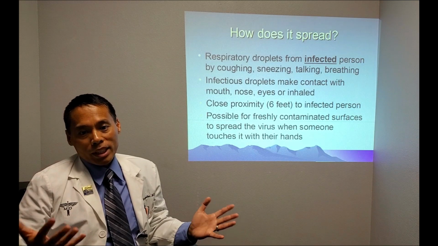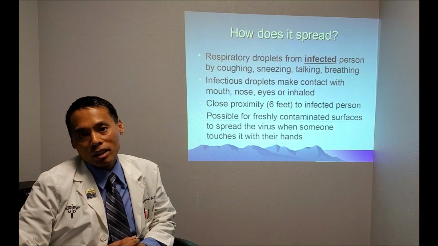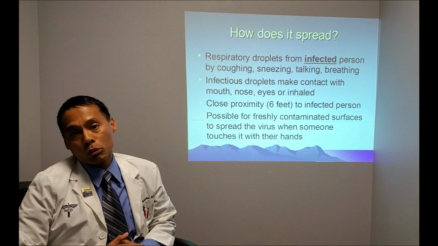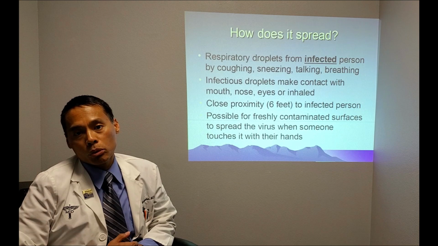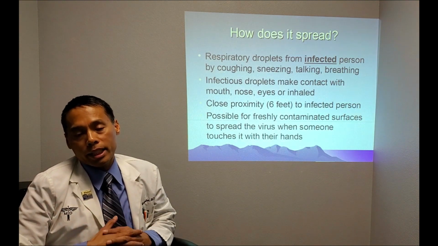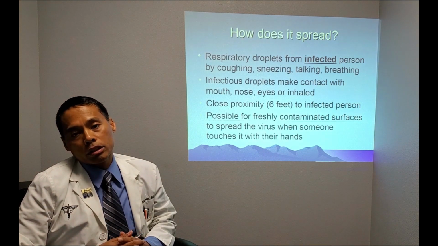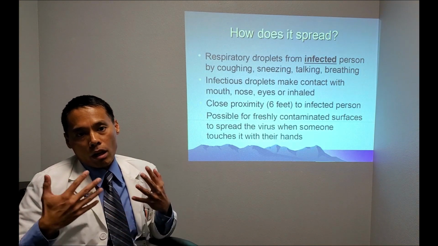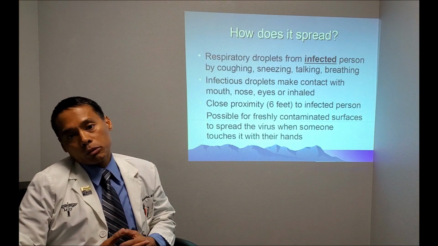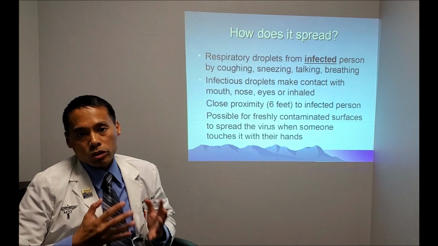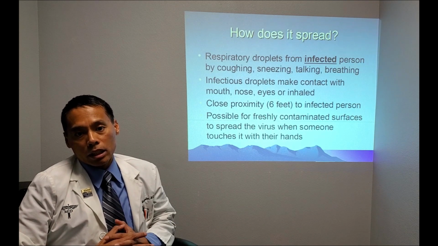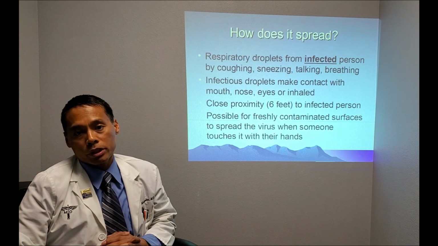So the most important thing, how does this coronavirus spread? Well, it's actually spread through what we call respiratory droplets. And so when an infected person has the virus and has the symptoms, the virus actually enters our mouth, our nose, or our eyes and down our tear duct, and we actually have the infection start in the lungs, and specifically the lining of the lungs, the cells that line the surface of the lungs.